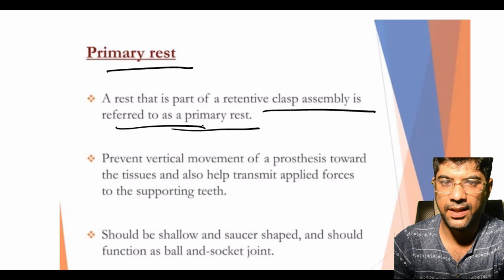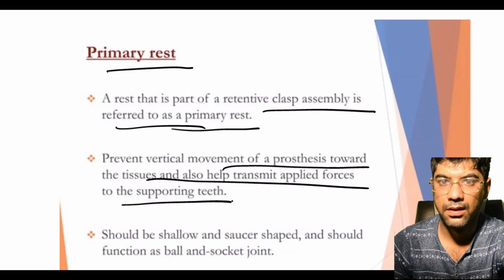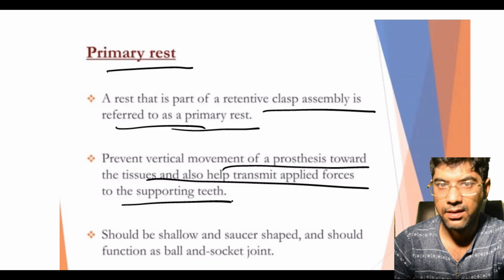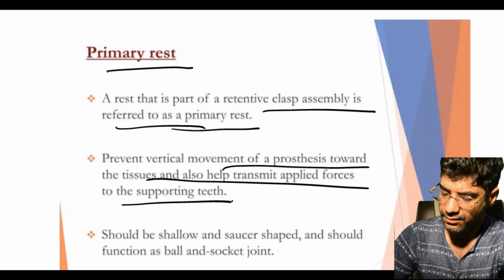That is important for maintaining proper fit and function of the denture. It helps in transmitting the forces applied during chewing to the supporting structures, which helps to distribute the load evenly and minimize the stress on any single tooth or area of the denture.